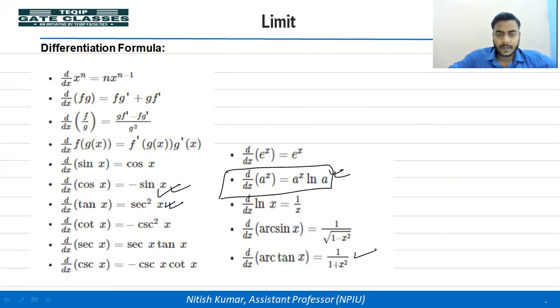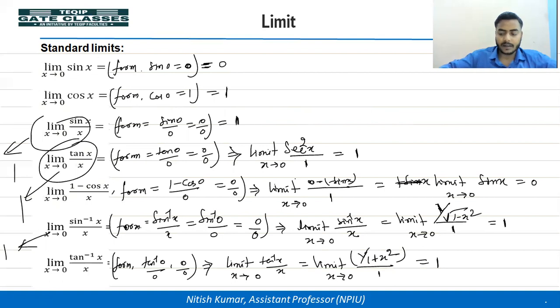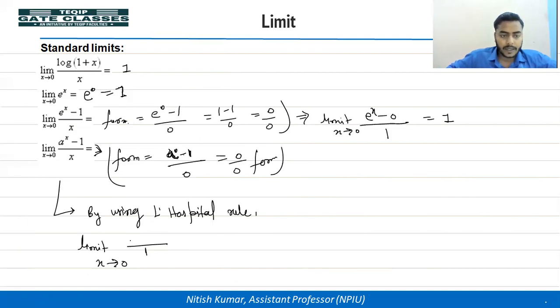It is a to the power x ln a, minus 0. So what are we getting here? Put the value x equal to 0. We are getting 1 into ln a.